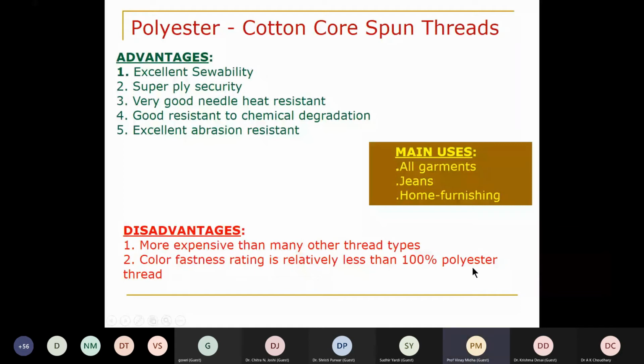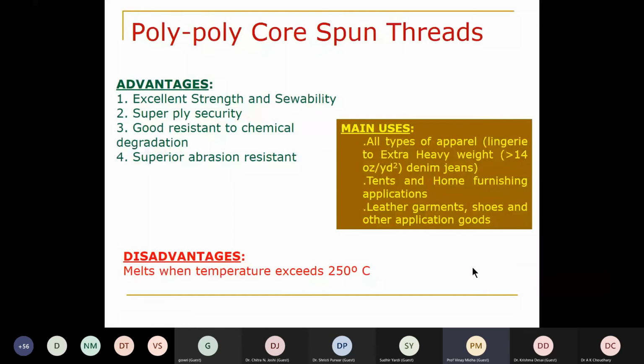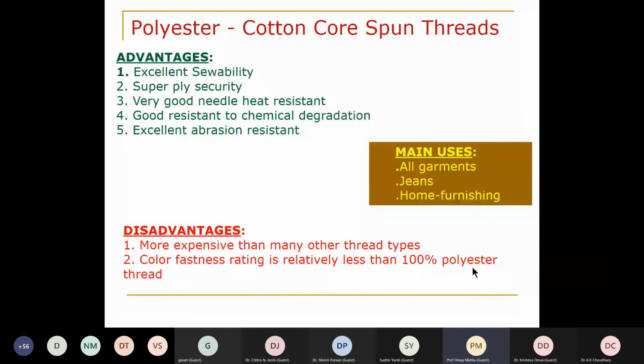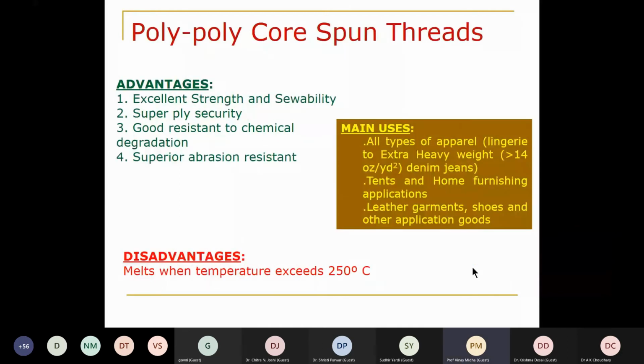Then the main application of the polyester cotton is in all garments, jeans, and home furnishing. Then coming to poly core spun threads, in this case again excellent strength and sewability can be achieved. Ply security is also there, good resistance to chemical degradation is also there, superior abrasion resistance is there, but the problem is only if the temperature increases to more than 250 degrees centigrade.